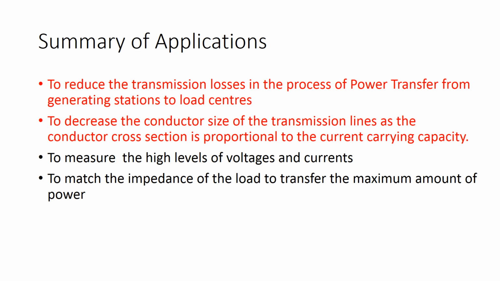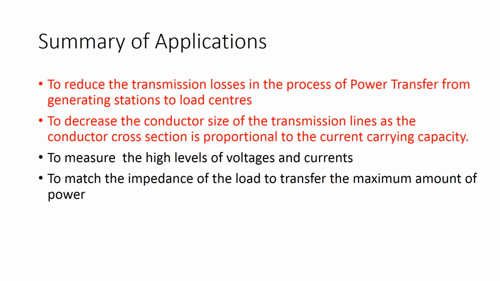So here we use the potential transformer PT, the voltage transformer VT, and the current transformer to step down the larger values to small values, so that they can be compatible with the existing measuring devices. So this is also one of the applications of the transformer. And the next application is impedance matching.